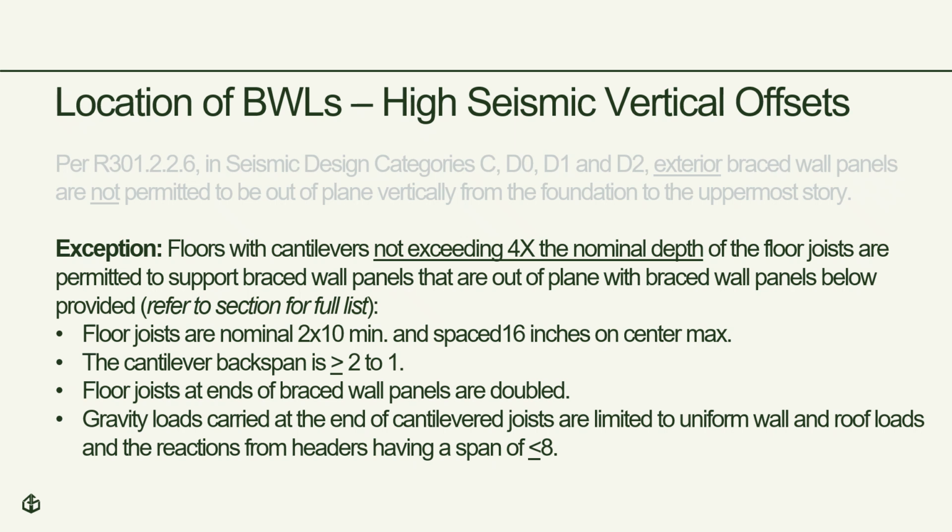The floor joists are 2x10 minimum, spaced no more than 16 inches on center. There's a backspan of greater than 2 to 1. The floor joists at the end of the brace wall panels are doubled, and gravity load carried by the end of the cantilever joists are limited to uniform wall and roof loads and reactions from headers having a span that is less than or equal to 8 feet.